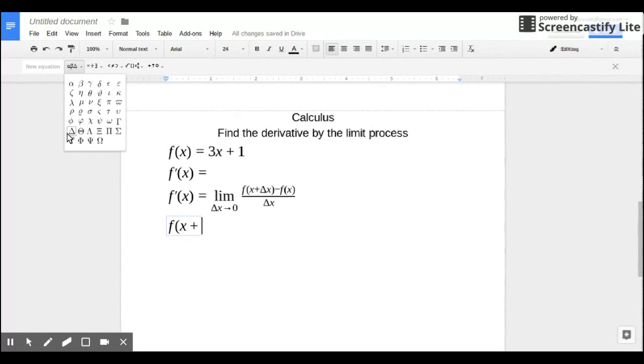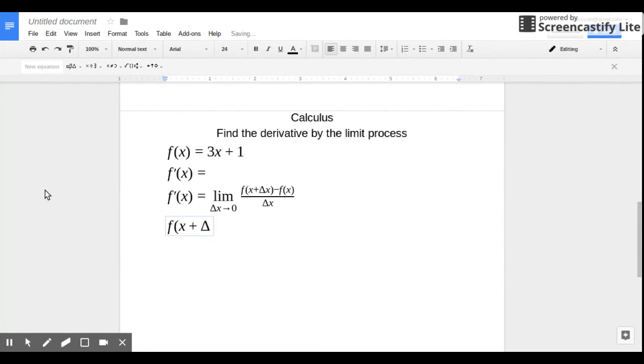Wish there was a shortcut key for this delta sign. Delta x is equal to 3 times, and instead of me writing all that in, I'm just going to copy paste it here. Make life a little easier on me.